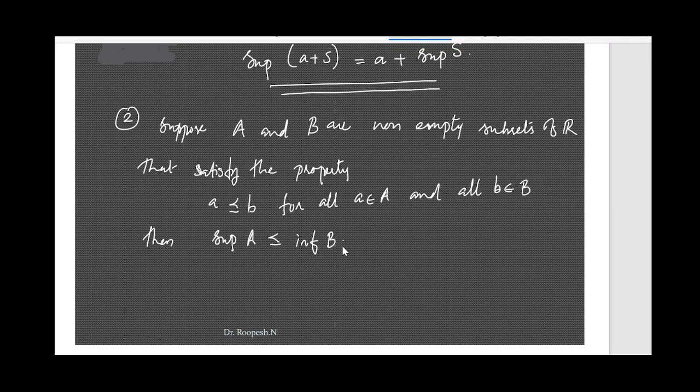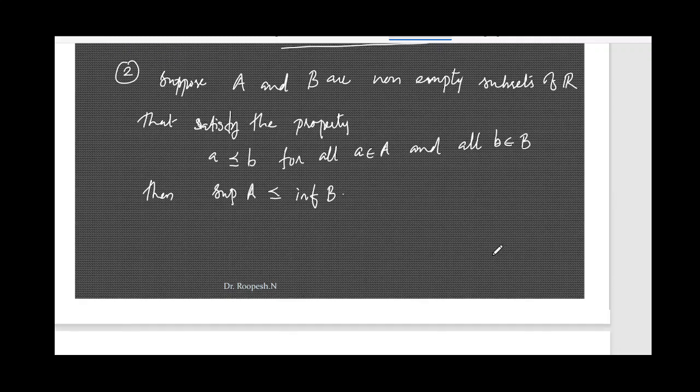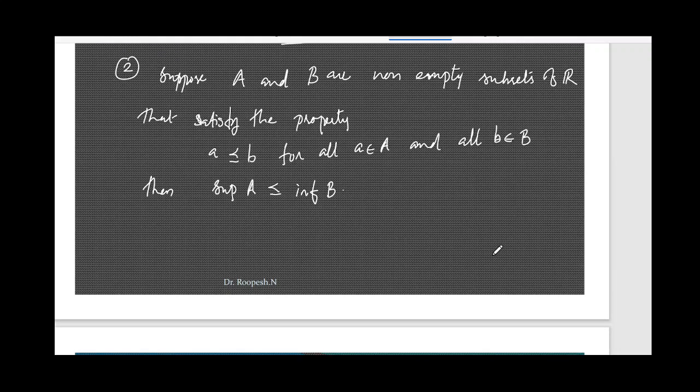Suppose A and B are non-empty subsets of R satisfying the property a less than or equal to b for all a belongs to A and all b belongs to B, then supremum of A is less than or equal to infimum of B. So we have to prove this.